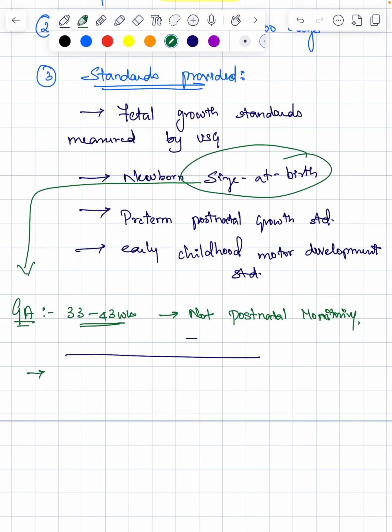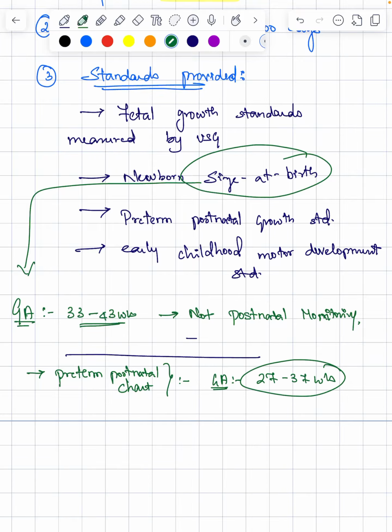Now what is the preterm postnatal chart? Your preterm postnatal chart, Intergrowth 21, covers the gestational age ranging from 27 to 37 weeks. It is the first prescriptive postnatal standard, and it can be used until 64 weeks post menstrual age.